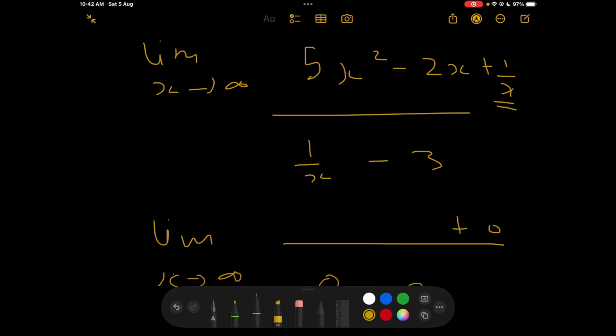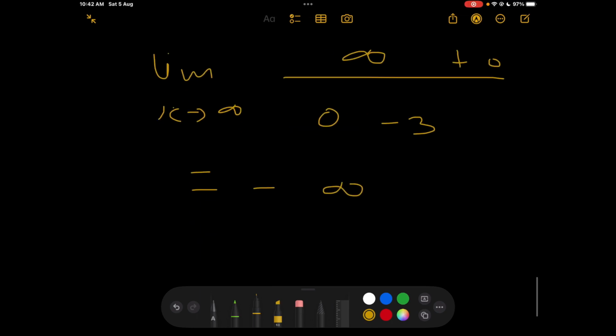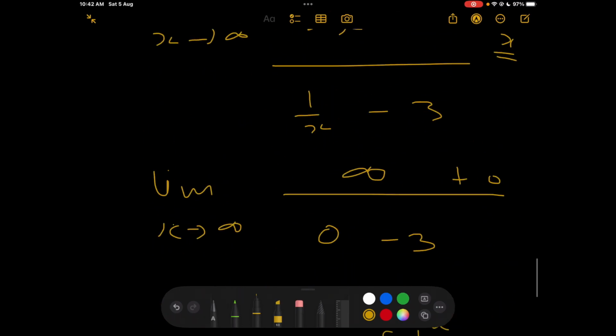Why infinity? Because limit x tends to infinity of x is infinity itself. An easier way to see this is that we have 5x square here, so x square is the bigger power, so it will remain infinity. So we have infinity upon minus 3, which we can write as minus infinity. So minus infinity will be the solution.